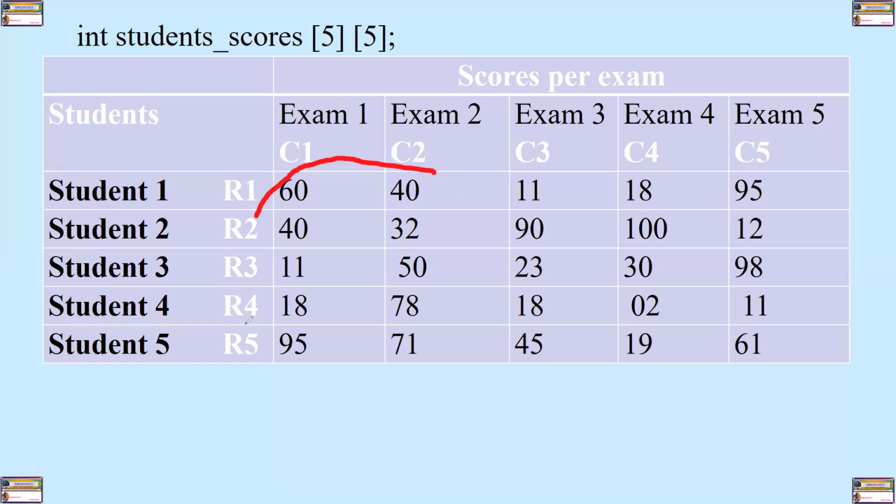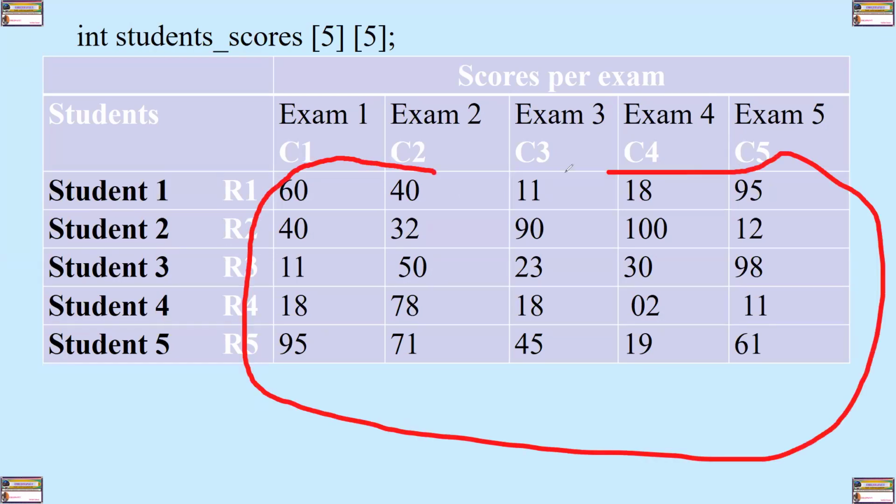What type of data is this? This is type integer, and that is int. But what are we storing? It is students' scores. So our array name is students_scores.